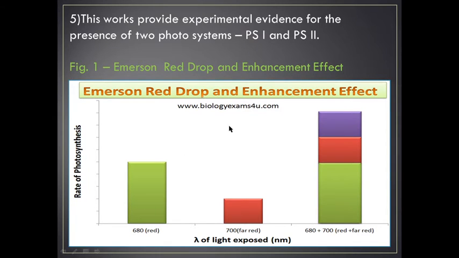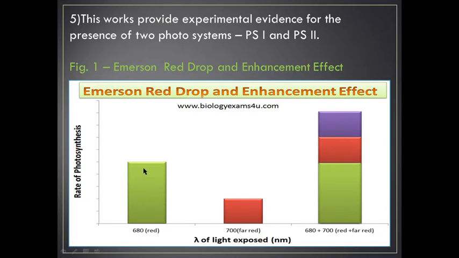Friends, look at these pictures. These are the Emerson's red drop and enhancement effect pictures. Now this is the red light, the wavelength is 680 nanometer. The 700 is far red, and 680 plus 700, that means alternate fashion of light, red plus far red. The yield of photosynthesis suddenly increases.